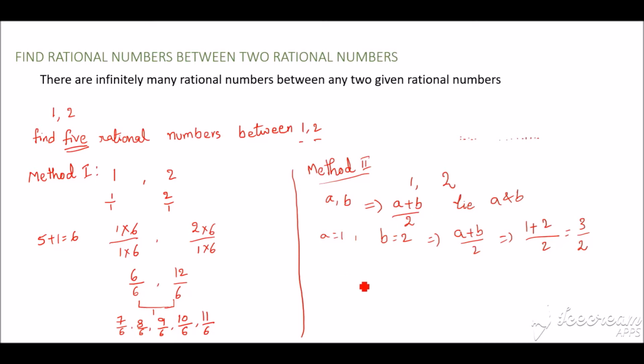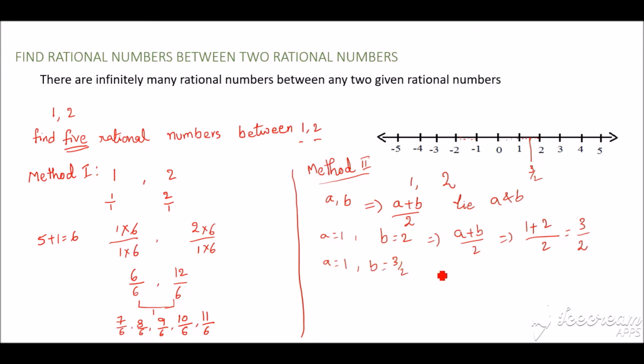If you observe on the number line, in between 1 and 2, exactly 3 by 2 will lie. It's nothing but 1.5. 1.5 will lie in between 1 and 2. Again, if you want to find more rational numbers in between 1 and 2, now take a as 1, b as 3 by 2.